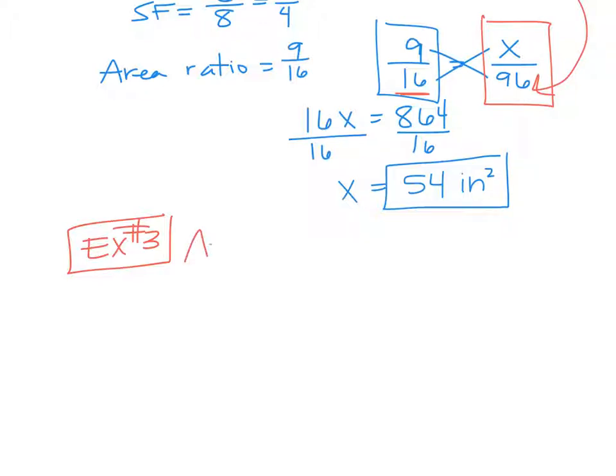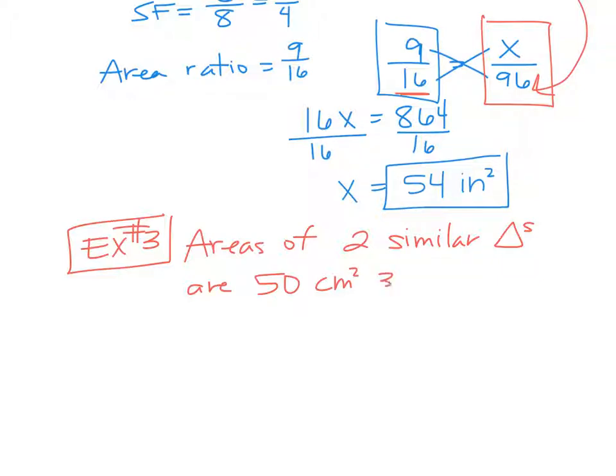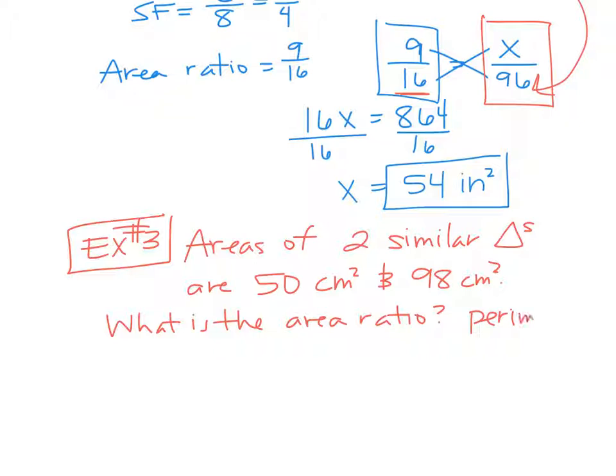It says the areas of two similar triangles are 50 square centimeters and 98 square centimeters. Okay, I want to know what is the area ratio and what's the perimeter ratio.